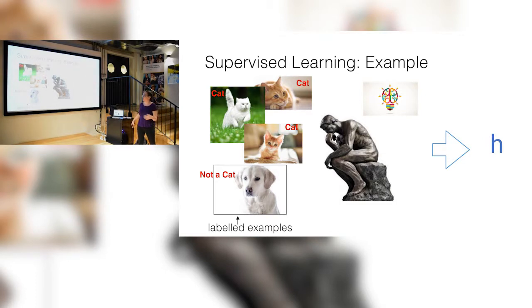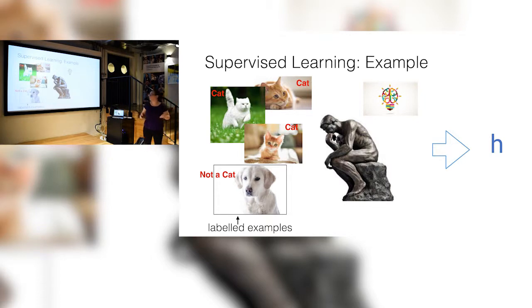So we get a lot of images of cats and not cats, and then we start to think about a hypothesis. And then I think, I know, it must be the pointy ears, because all the cats here have pointy ears and the dog doesn't. And then it will think about a hypothesis, and this is what it's going to return. So this is supervised learning: getting a lot of examples and returning hypotheses.